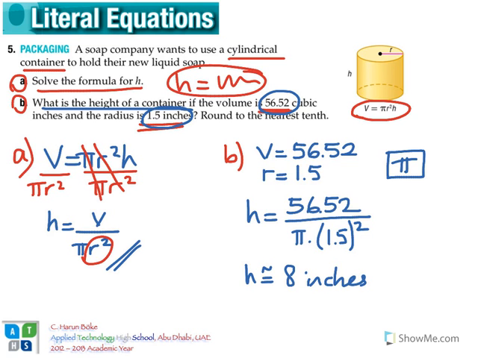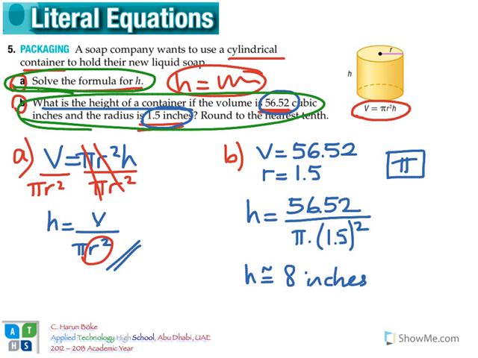So as you see in the problems, in part A, we generally write the given formula in terms of one of the variables. We solve for one of the variables. And in part B, we substitute the values to calculate that variable. So this is the structure of the problems in this chapter.